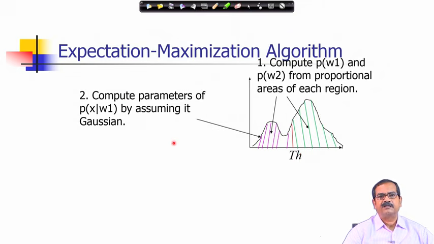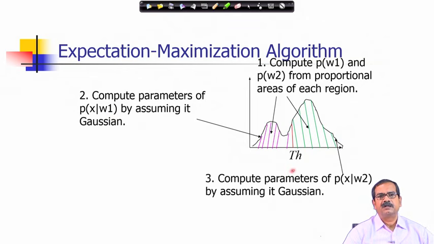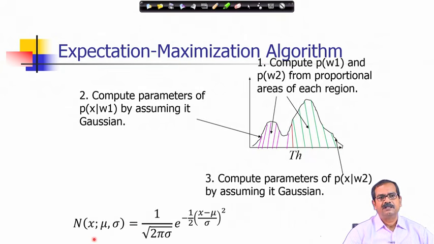After that we can concentrate only on these classes, and from there we can compute the parameters of the probability of x given W1 by assuming it Gaussian, and similarly the parameters of the probability of x given W2 by assuming it Gaussian. If I relook at the Gaussian distribution function, there are two parameters: one is mu, which is the mean of the distribution, and the other is sigma, which is the standard deviation.